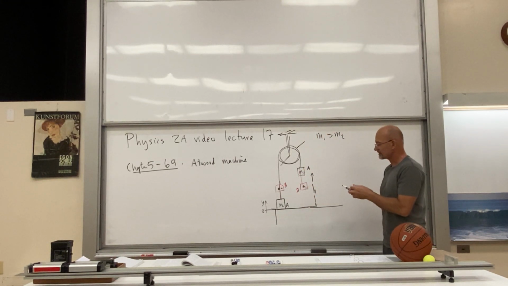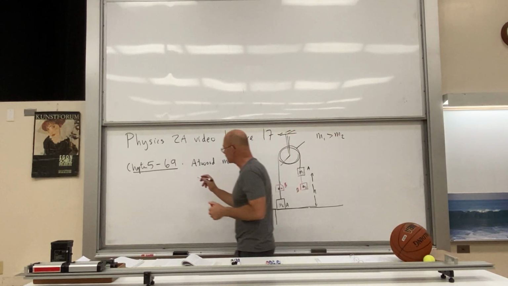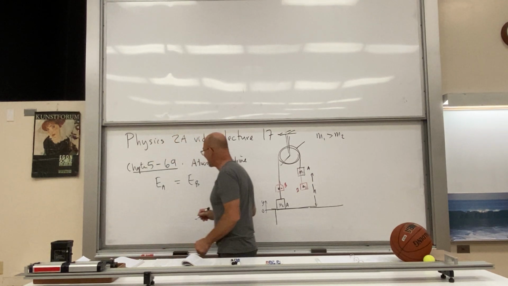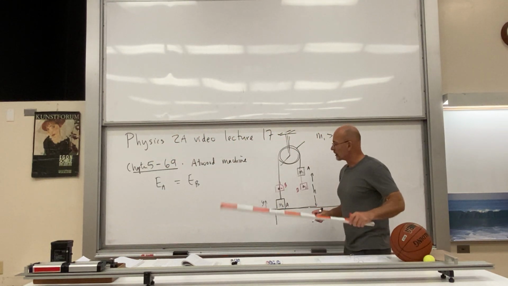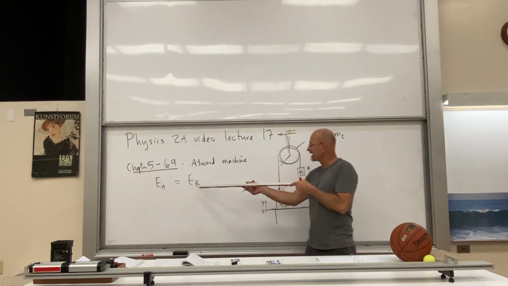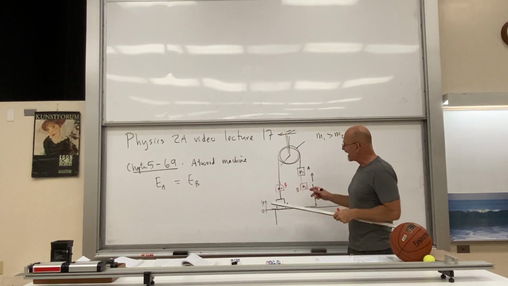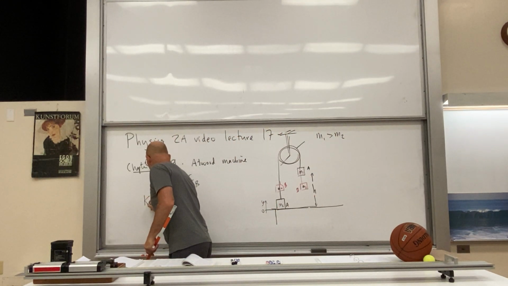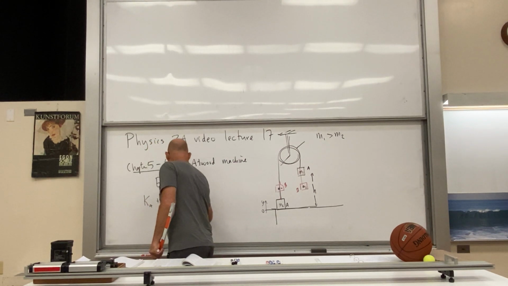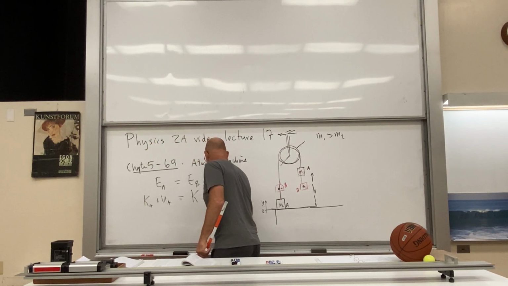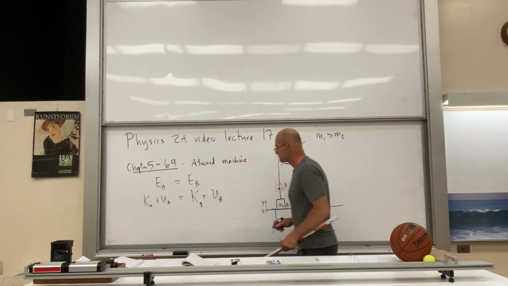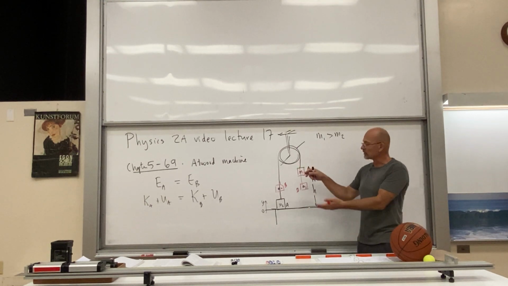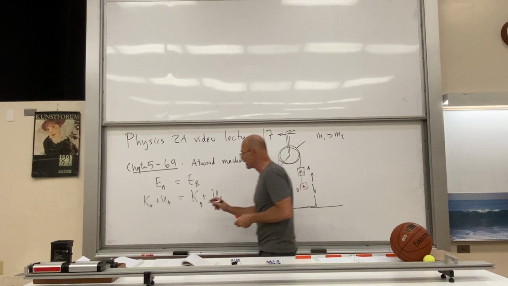I like to set these things up in the following way. E sub A is equal to E sub B. We're using energy: kinetic plus potential at A equals kinetic plus potential at B. Now, kinetic energy at A is 0 because we're releasing them from rest.